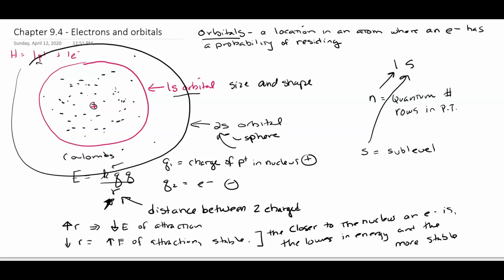It occupies a bigger volume, and that's because it's in the next energy level up from 1. 2 is greater than 1, so the 2s orbital will be larger than the 1s orbital, and the energy associated with electrons residing within this orbital is going to be higher than the energy associated with the electrons in the 1s orbital.